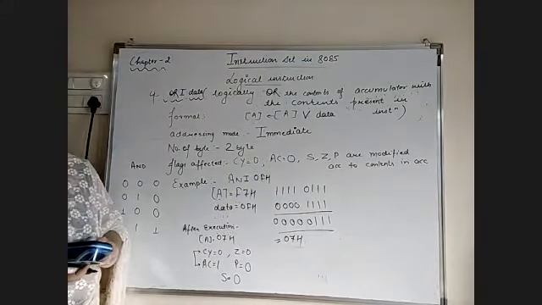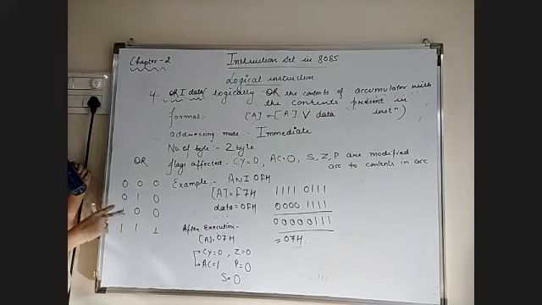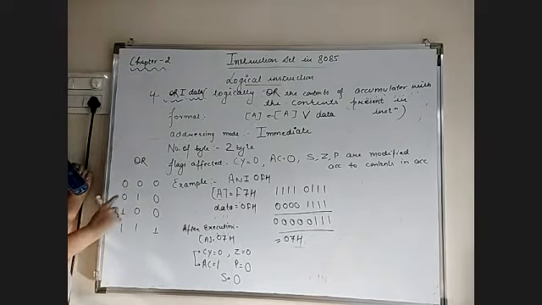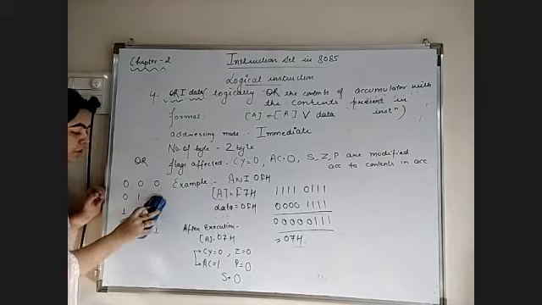So we have an OR instruction. According to the OR, whenever both inputs are low, that means both inputs are 0, then the result is 0. Now, in the next three cases, when any of the inputs is 1, the output is always equal to 1.